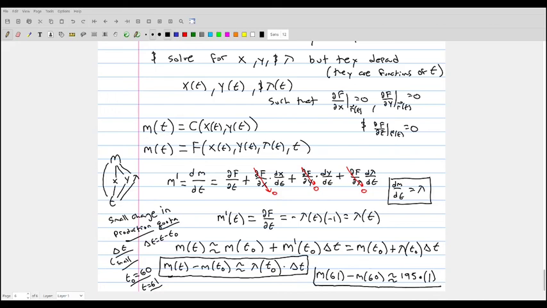So approximately speaking, the difference in the minimum at a production quota of 60 and at a production quota of 61 is going to be 195.